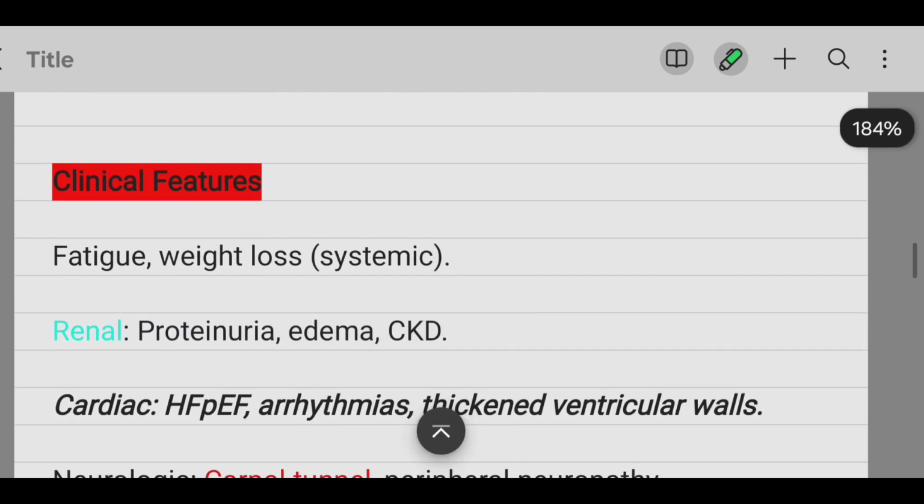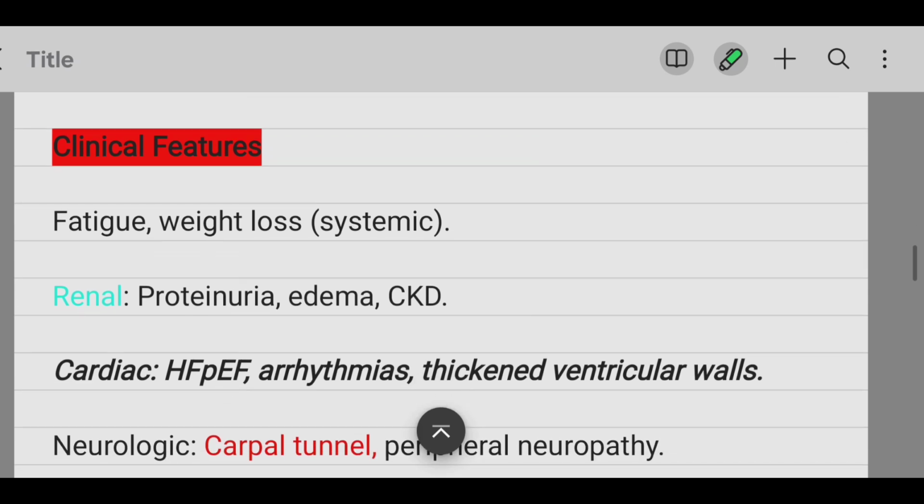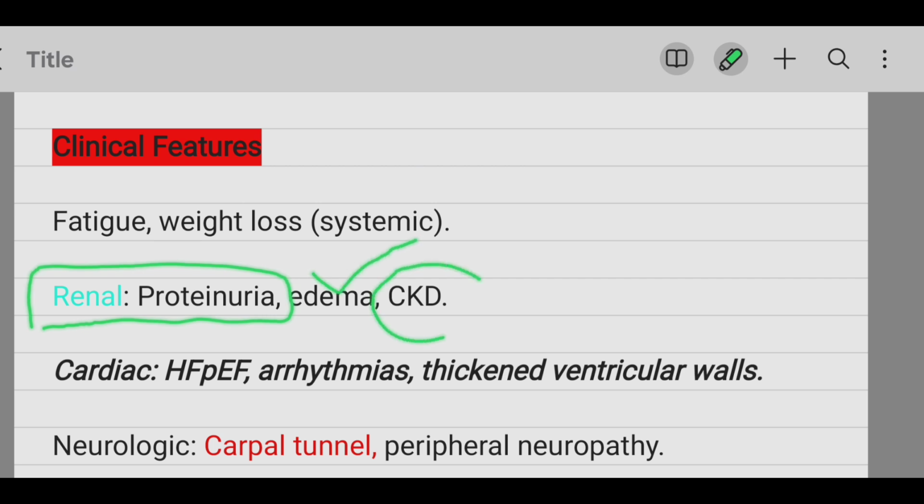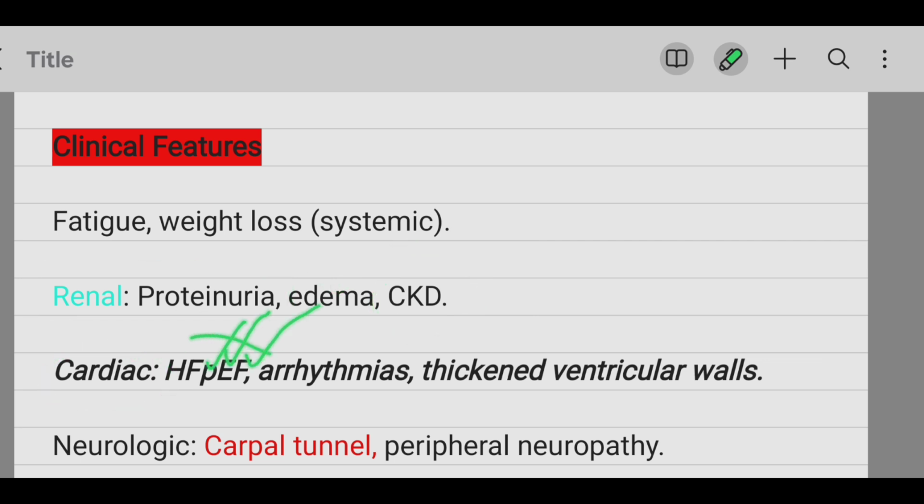What are the features with which patient presents to us? Patient presents with fatigue and weight loss when there is systemic amyloidosis. When kidneys are affected, it leads to proteinuria, that is I have told you nephrotic syndrome, and it leads to edema and chronic kidney disease. When heart is involved, then it leads to heart failure with preserved ejection fraction. Ejection fraction is more than 50%. It leads to arrhythmias.